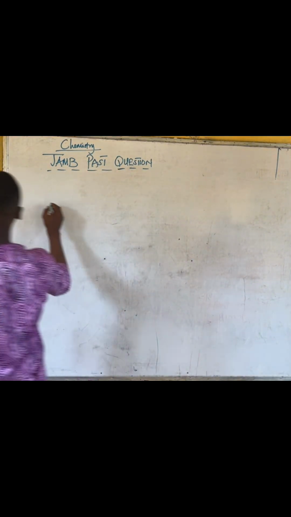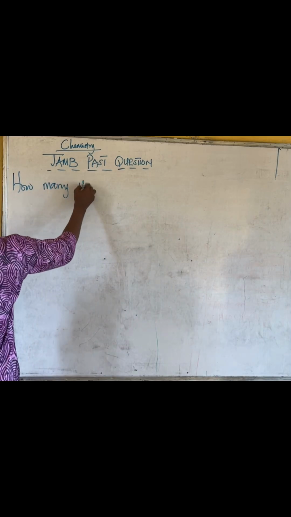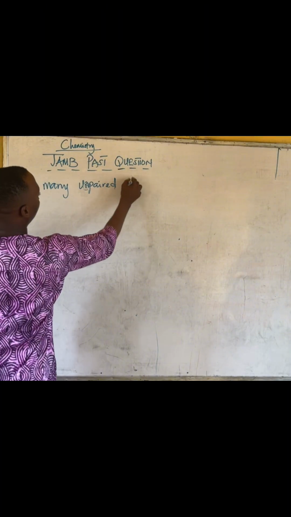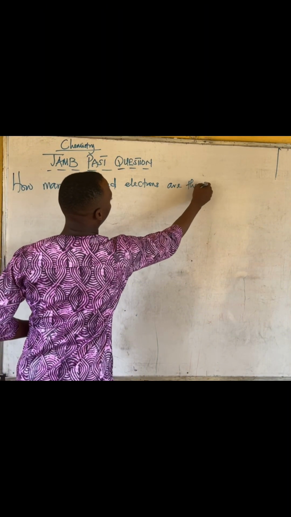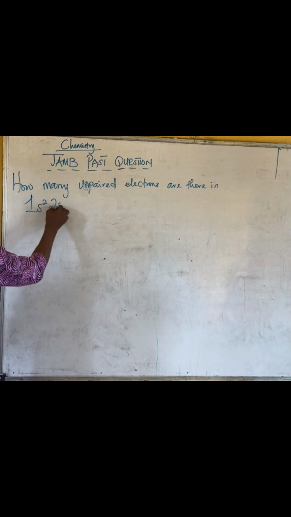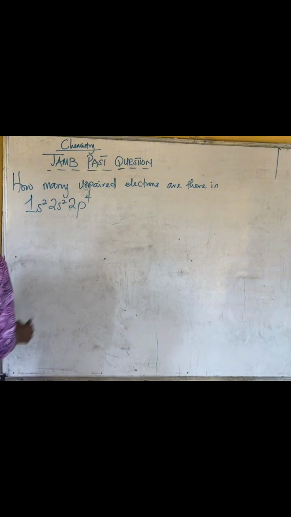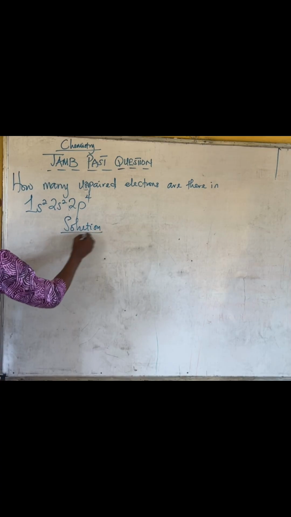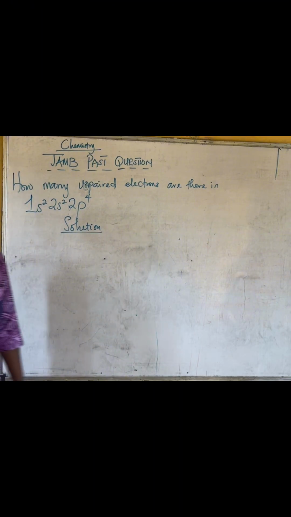Now the first question is, how many unpaired electrons are there in 1s2, 2s2, 2p4? Let's start with that one first.